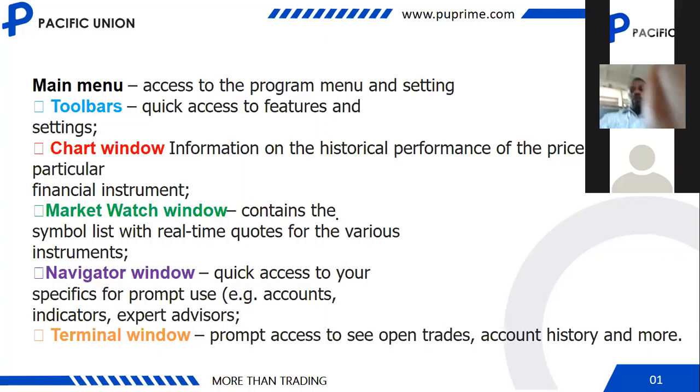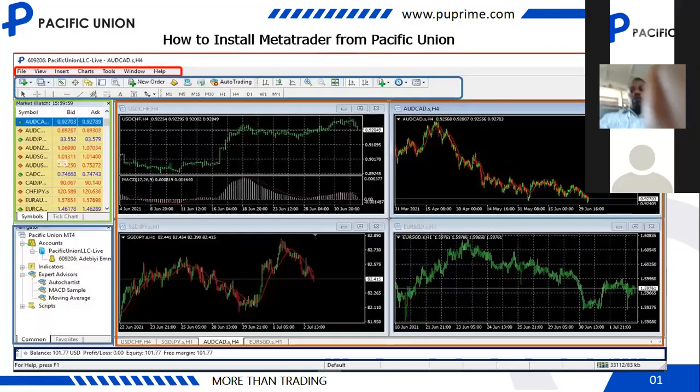All will be shown in the navigator window. This is where the navigator window shows up, and you can see Pacific Union MT4, and that shows the account.